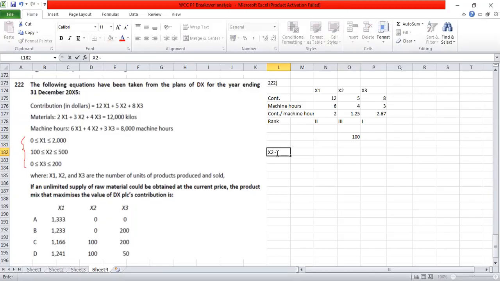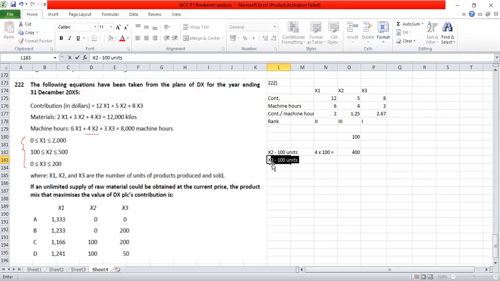If 100 units of X2 are produced, what is the number of machine hours required by X2? It will be 4 into 100, which is equal to 400.